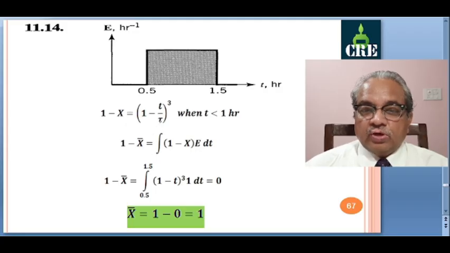This tau is 1, so (1 minus t) whole cube. This is again 1 because 1.5 minus 0.5 is 1. This area should be 1. So this value must be 1 hour inverse. So that we have substituted.